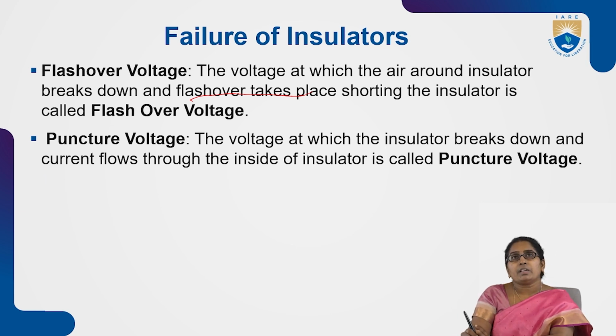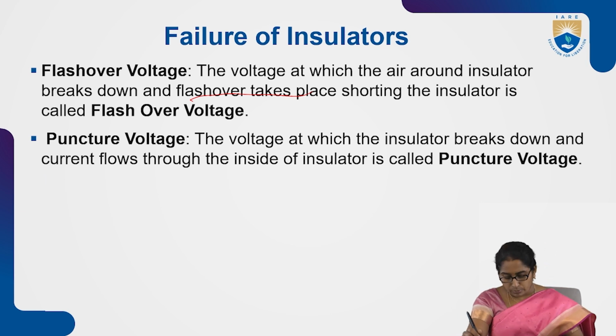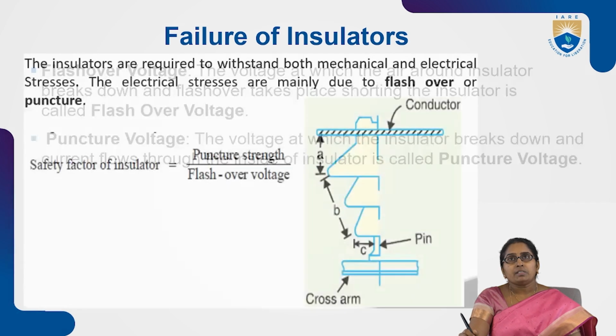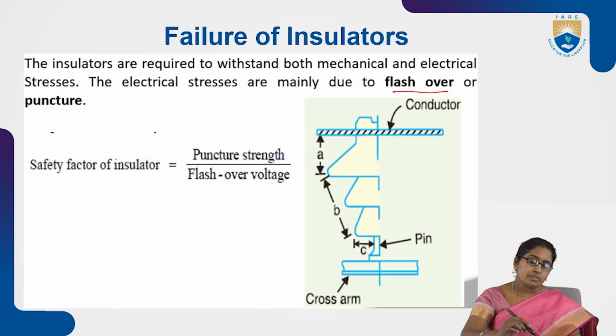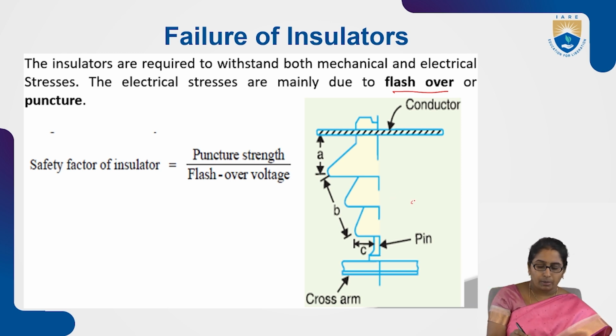That means this discharge or flashover passes through the distance between the pin conductor and the pin. So here the flashover passes through distance A plus B plus C.